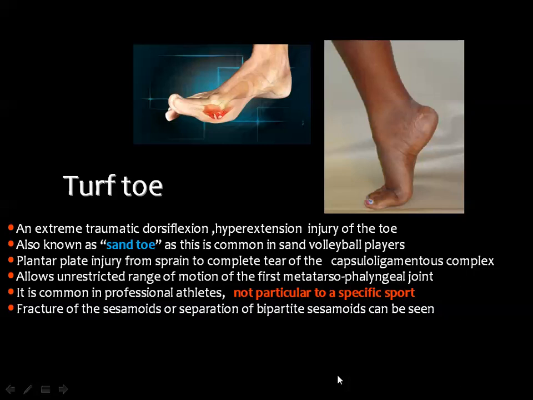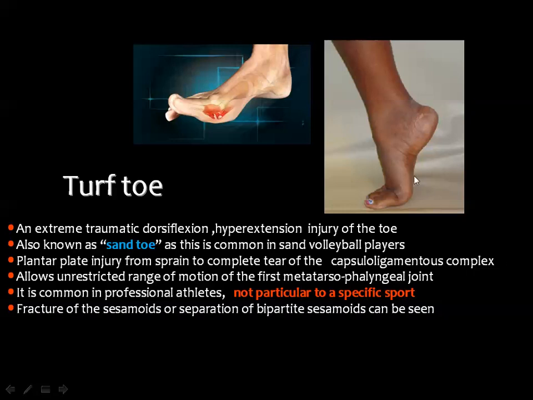We come to turf toe, and this is a stress injury due to extreme dorsiflexion and hyperextension injury of the toe, as you can see here. And this is frequently referred to as sand toe, as it is common in sand volleyball players.